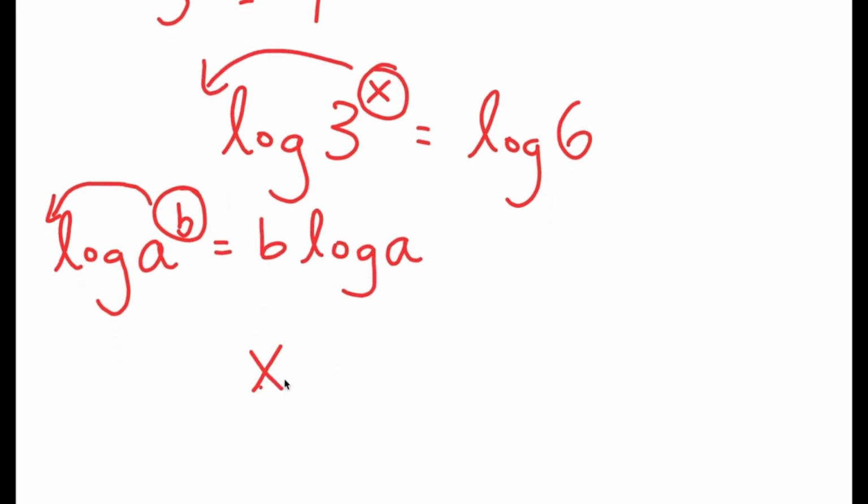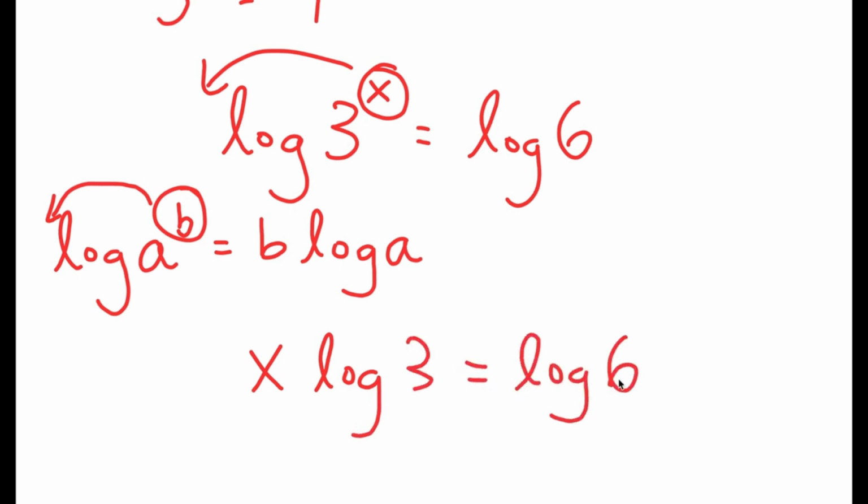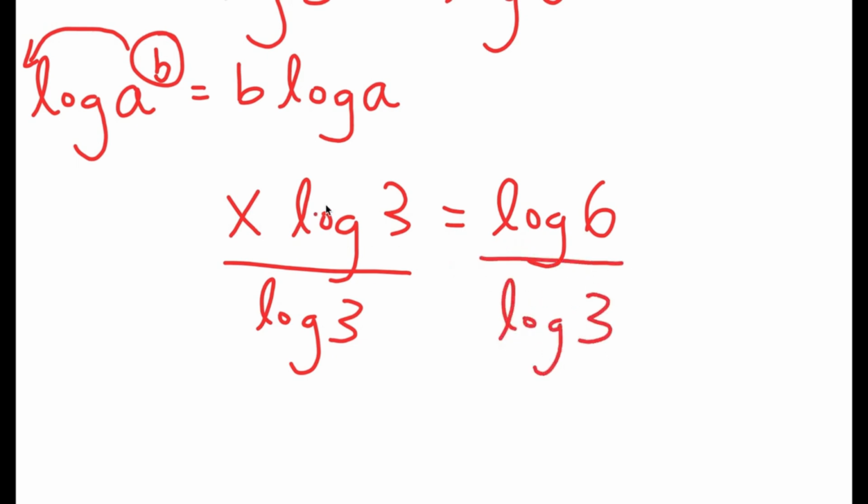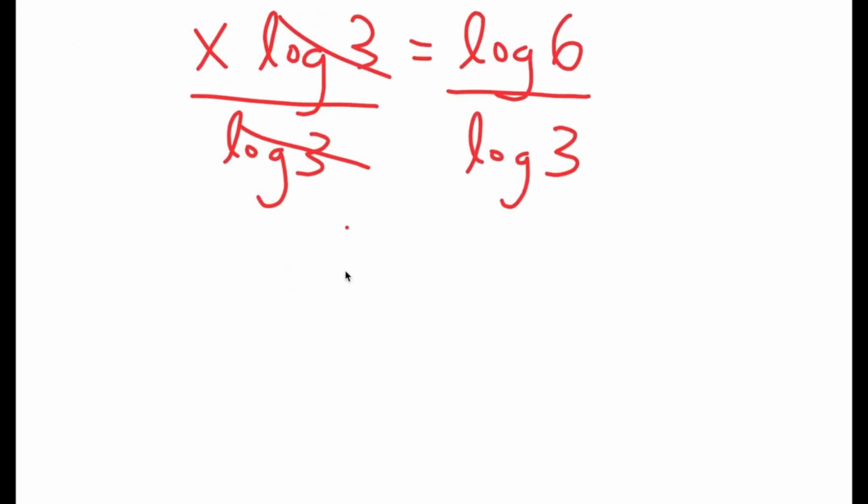So I get x times log 3 is equal to log 6. Now I'm going to divide both sides by log 3 because, again, we want to isolate x. By doing this, these two cancel out, and I get x is equal to log 6 over log 3.